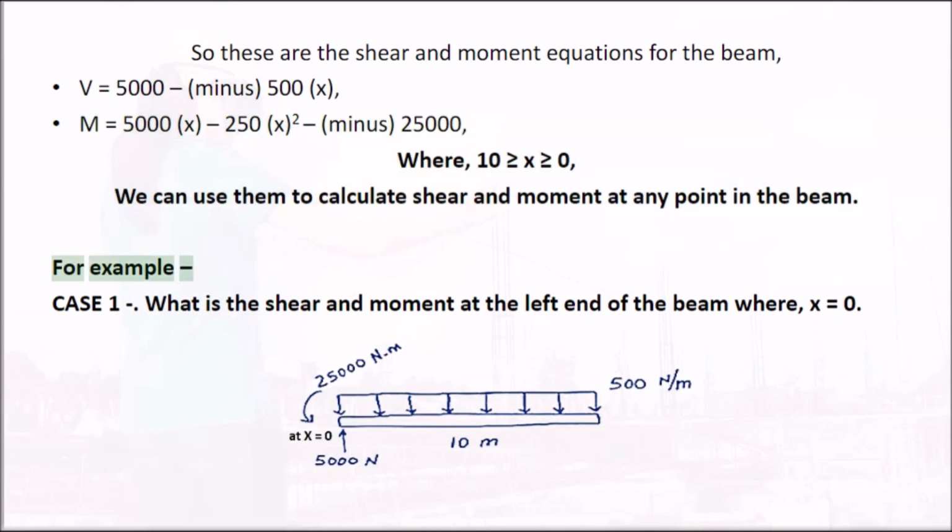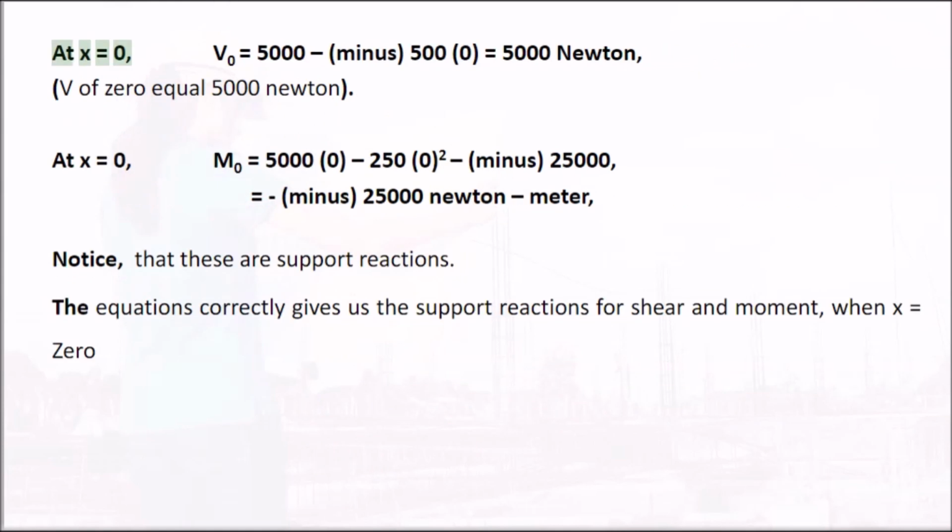For example, Case 1. What is the shear and moment at the left end of the beam where x equals 0? At x equals 0, V(0) equals 5000 minus 500 times 0, equals 5000 Newton.